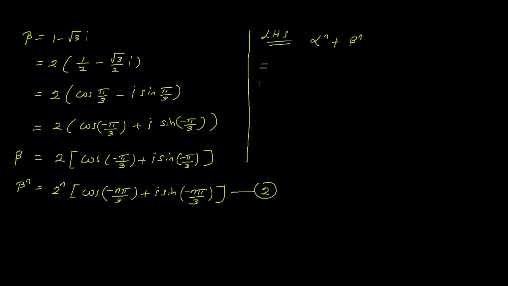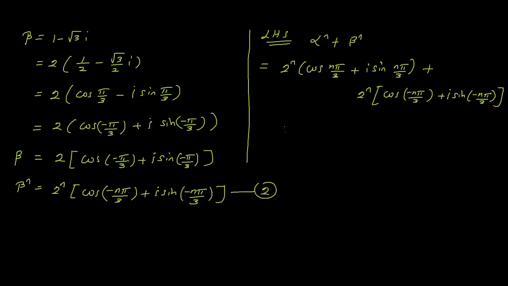I can write alpha to the power n as 2 to the power n cos n pi by 3 plus iota sine n pi by 3, plus beta to the power n from equation 2 as 2 to the power n cos minus n pi by 3 plus iota sine minus n pi by 3.